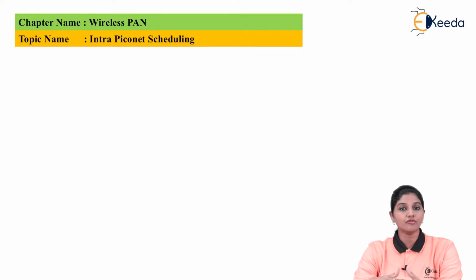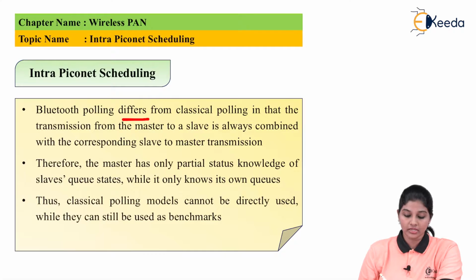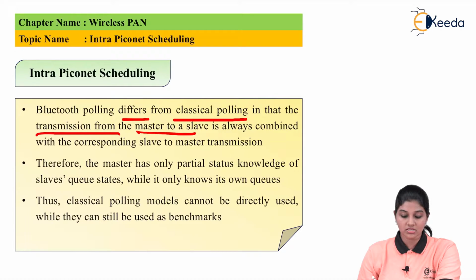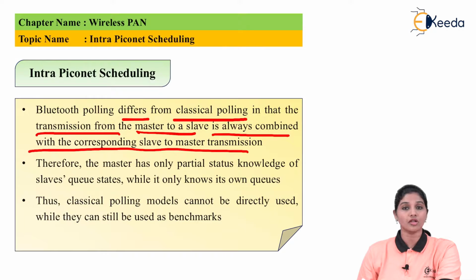So now let's start with inter-Piconet scheduling. In case of Bluetooth, polling differs from classical polling in that the transmission from the master to the slave is always combined with the corresponding slave to master transmission. That means the transmission between the master and slave is combined with the data transfer from slave to master, and therefore the master has only partial status knowledge of the slave, while it only knows its own queue.